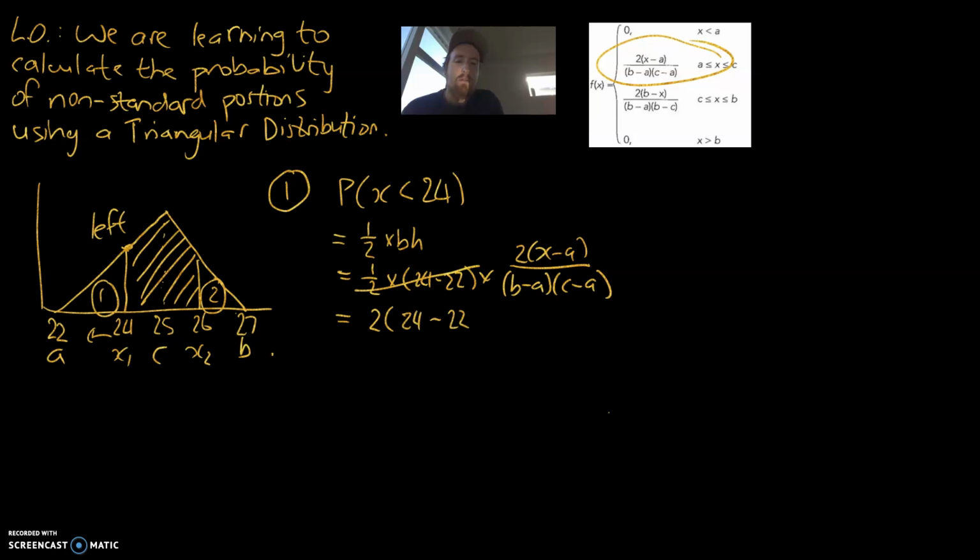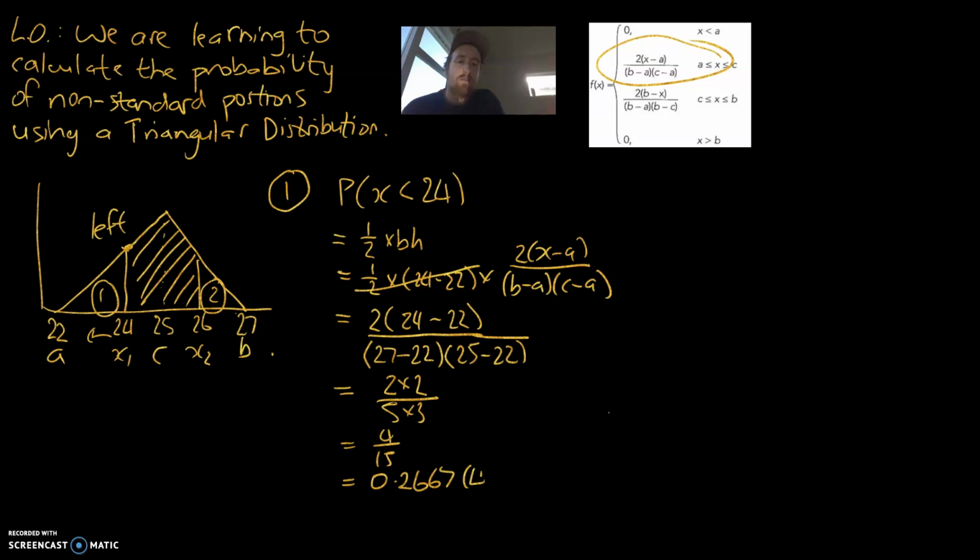So 24 minus 22, divided by b minus a, which is 27 minus 22, and multiplied by c minus a, which is 25 minus 22. We carry on to do that math. So 2 times 2 up the top and 5 times 3 down the bottom. That gives us 4 over 15, which is 0.2667, rounded to 4 decimal places. So that was area number 1.